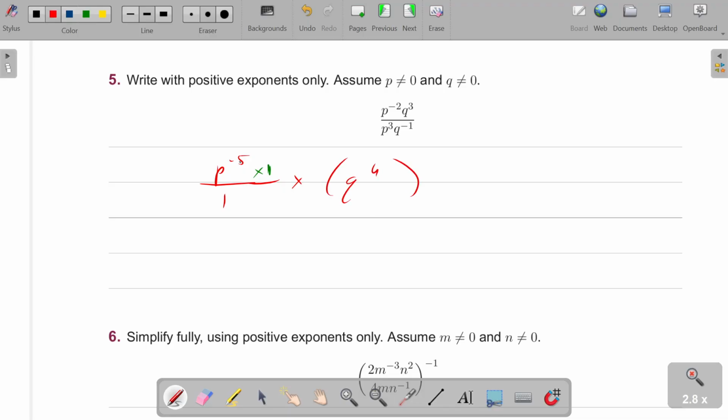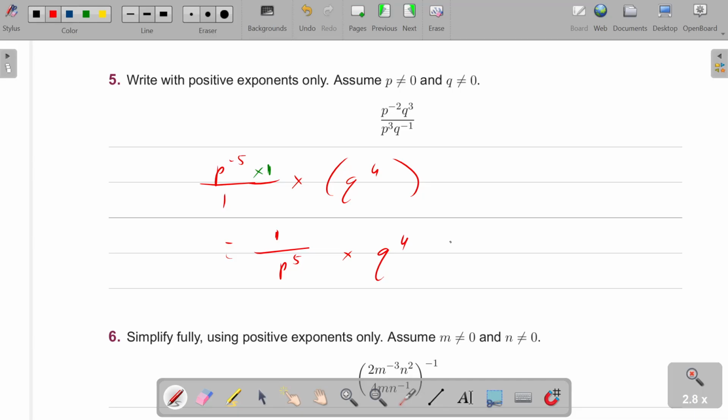Now, once you write this like this, you realize that the negative 5 can go to the bottom, but when you bring it to the bottom, we need to change the sign from negative to positive. If it was positive, we'd make it negative, vice versa. So this becomes, therefore, 1 over p to the power of 5 multiplied by q to the power of 4.